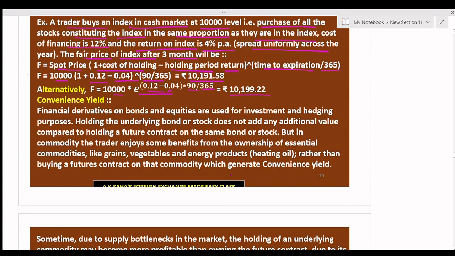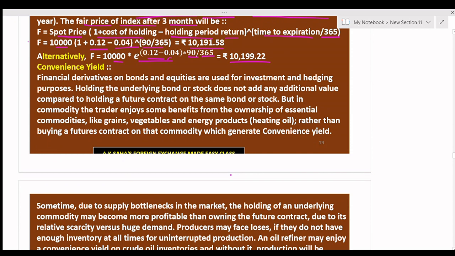Now come convenience yield. Financial derivatives on bonds and equities are used for investment and hedging purposes. Holding the underlying bond or stock does not add any additional value compared to holding a future contract on the same bond or stock.